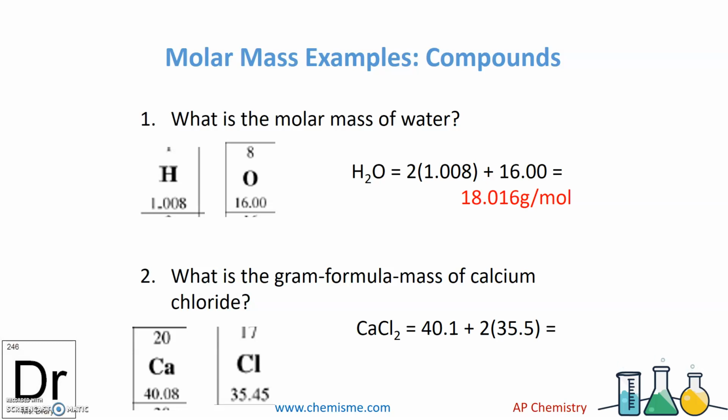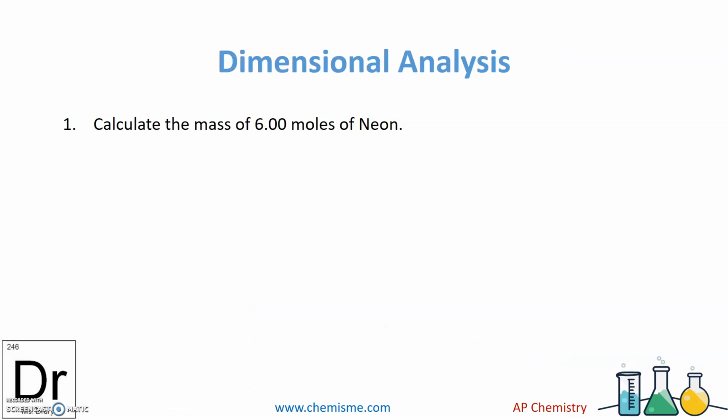And chlorines, there are 2 of them at 35.5 each for a total of 111.1. Now, if I had not rounded, I would have had one more significant figure or number in my numbers. Instead of 111.1, I would have had one more decimal place further, ending in a 3. So maybe you could be more accurate and more specific if you use every single number.